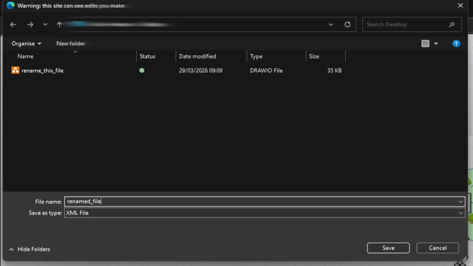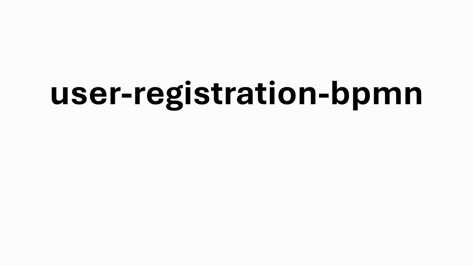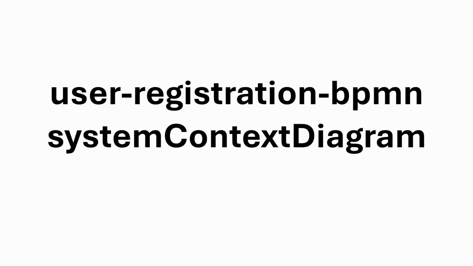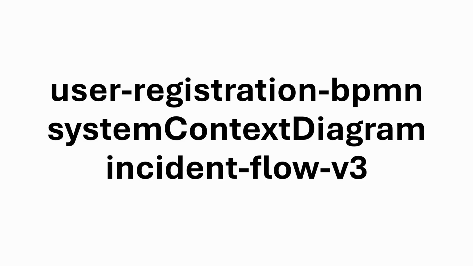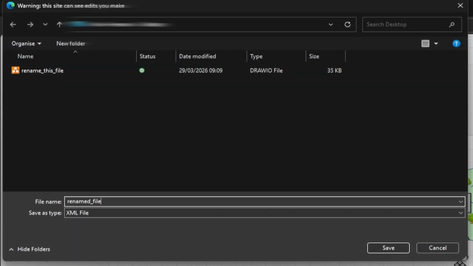Good examples are user-registration-bpmn or systemContextDiagram in camel case or incident-flow-v3. I prefer hyphens or camel case instead of random spaces or special characters. That keeps the name clean and easy to read.